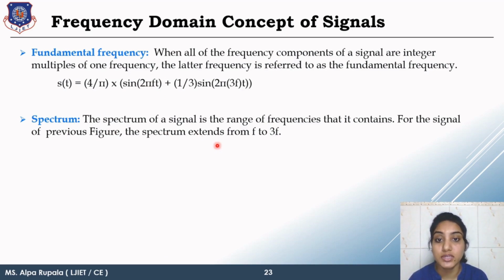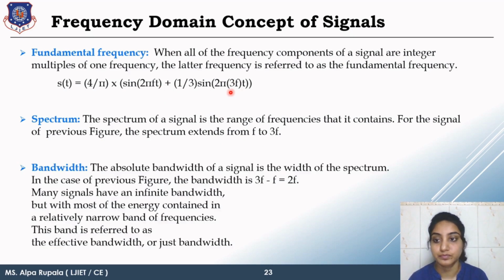The spectrum of a signal is the range of frequencies it contains. In our previous example, the frequencies are from f to 3f, so the spectrum will be from f to 3f. And the bandwidth of the signal is the maximum frequency of your signal minus the minimum frequency of your signal.